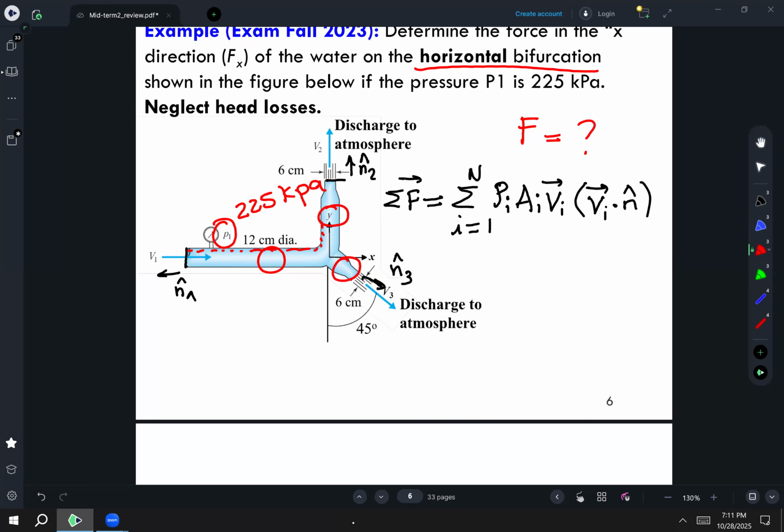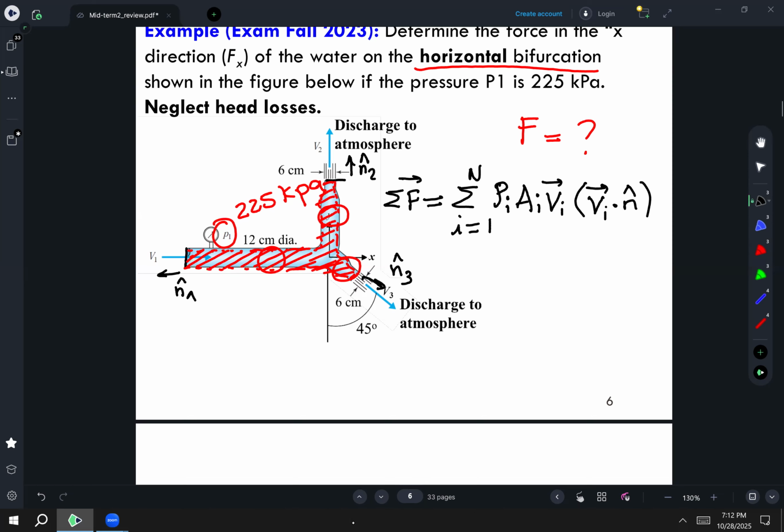The control volume is going to encompass the three pipes. It's going to be more or less like this. So that will be the control volume.